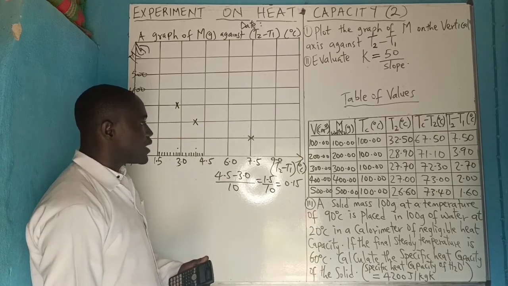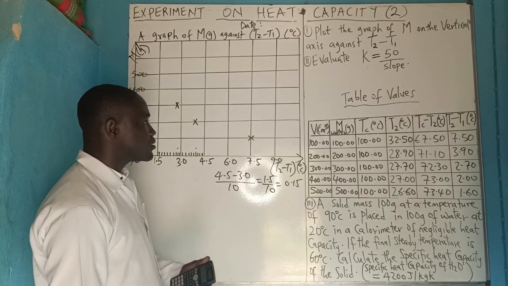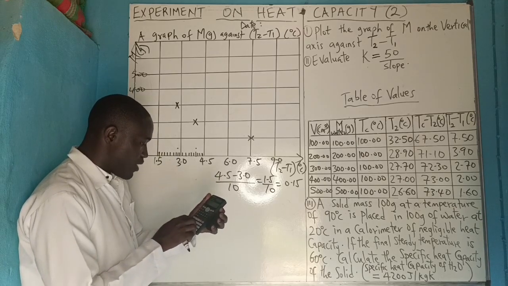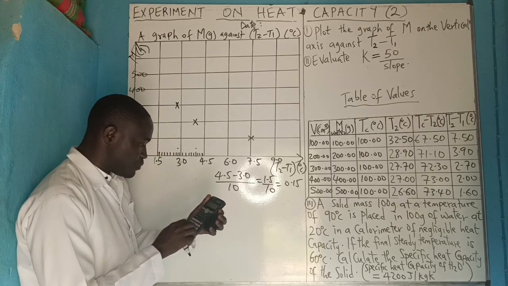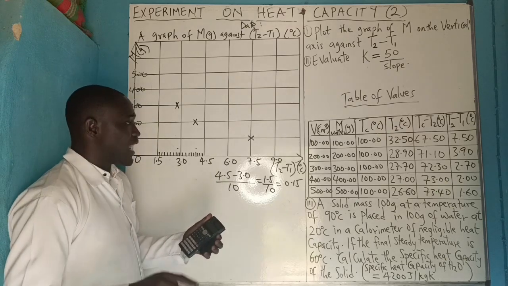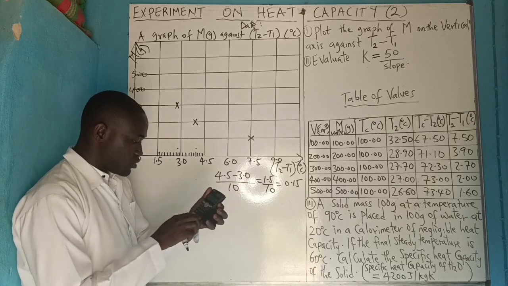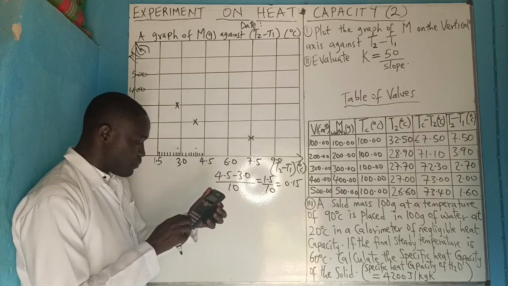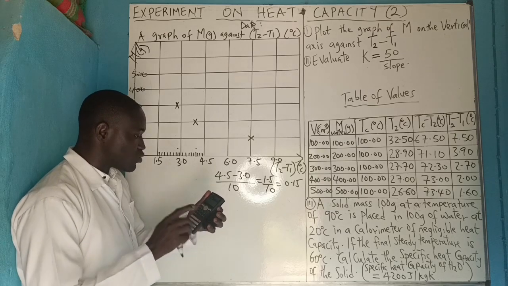Then I will go again: 2.0 against 400. 0.15 times 5 gave me 0.75 plus 1.5, 2.25. And I am looking for 2.0. 0.15 times 2 is 0.3 plus 1.5, that is 1.8.